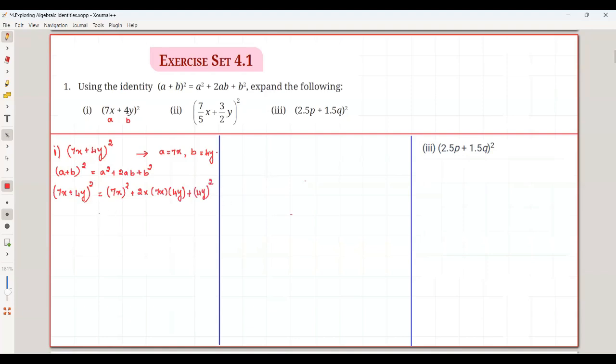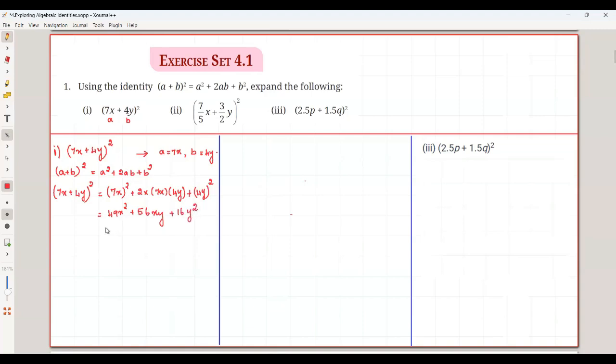We can just expand. 7 square is 49, x square is x square, plus, first you multiply the numbers. 2 sevens are 14. 14 into 4, so we'll be getting 56xy. x into y is xy, plus 4 square is 16, y square is y square.